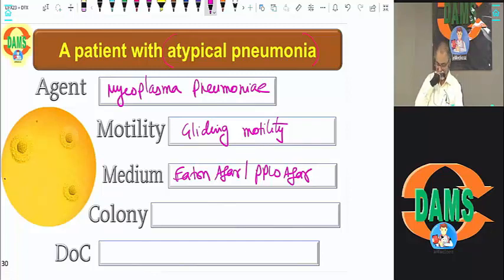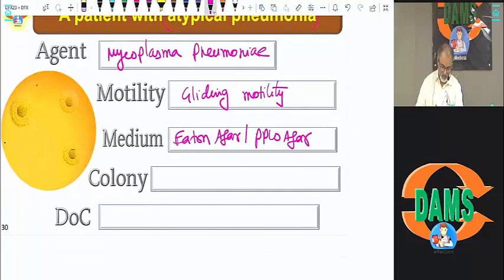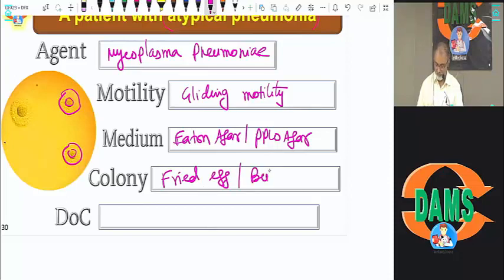Okay, right. What does the colony look like? Fried egg colony, otherwise called bullseye colony.